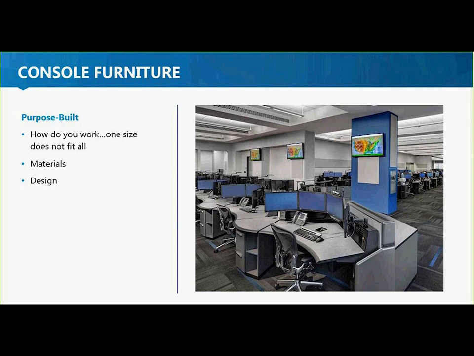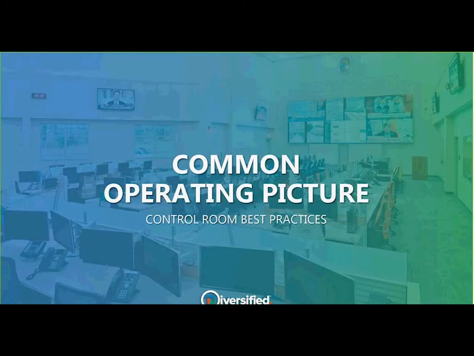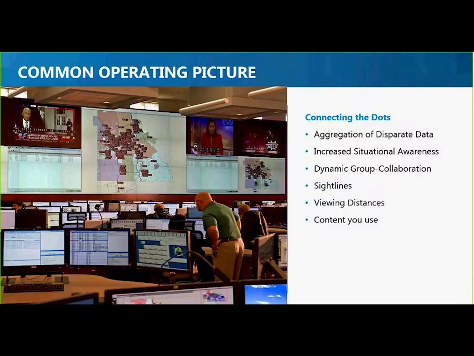As we continue here, we're going to talk about the common operating picture, which we talked about a little earlier, and we'll go into a little more detail. What that's going to do for us in our session today, after this aspect of the ecosystem and how it impacts the performance of my staff and my overall operations center, is we're going to talk a little about advances in software and how that ties into the common operating picture.